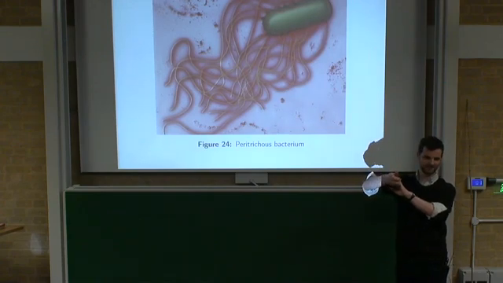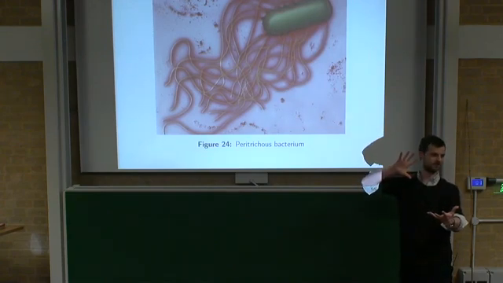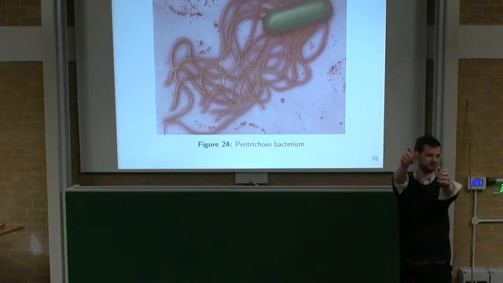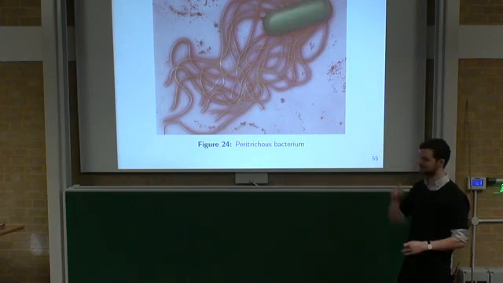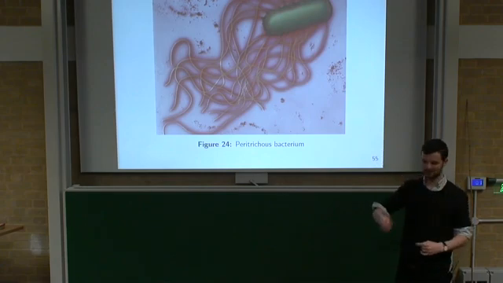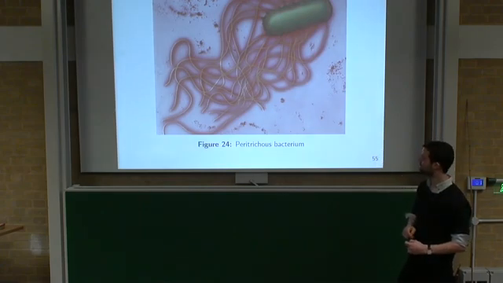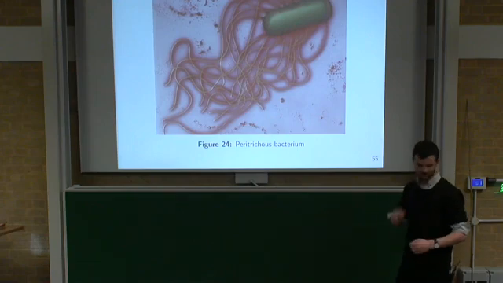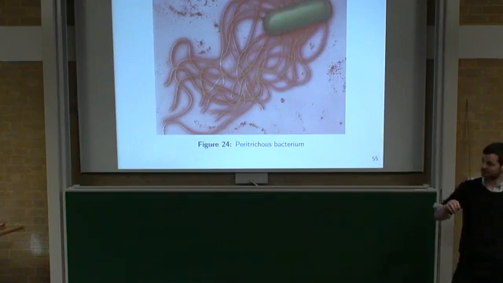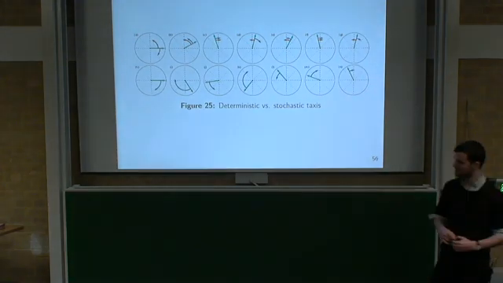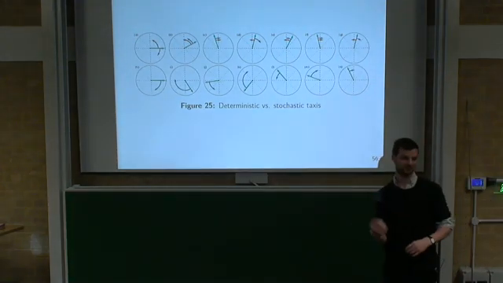But when they spin these flagella the other way, the flagella point out in all different directions, and they tumble and choose another direction. So by biasing how often they do these tumbles, you end up with bacteria doing chemotaxis.